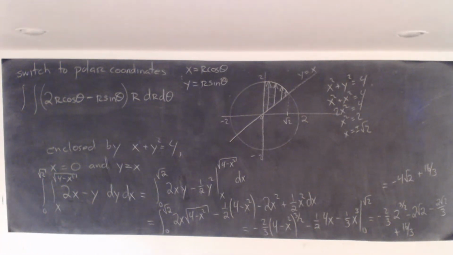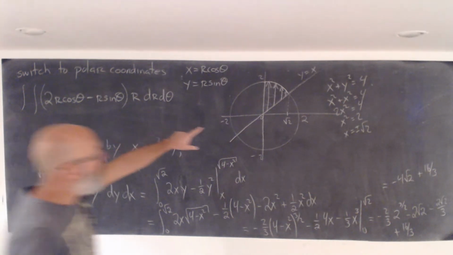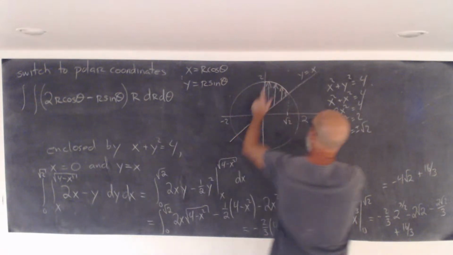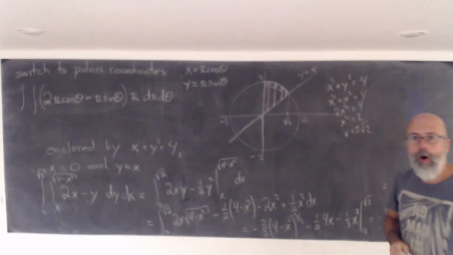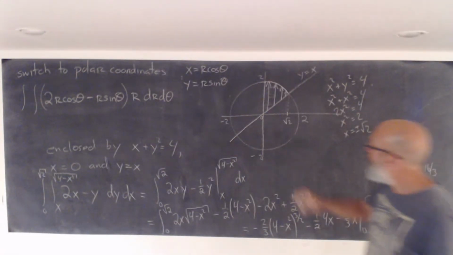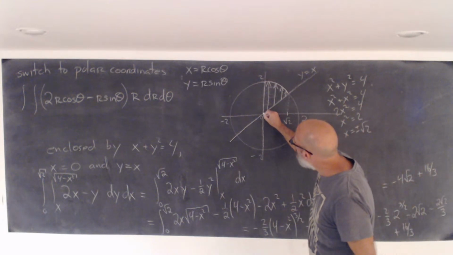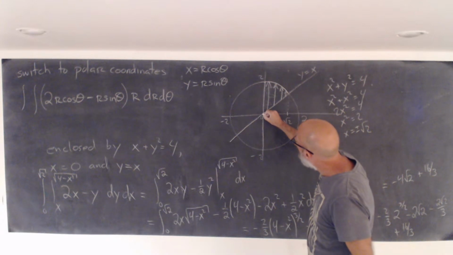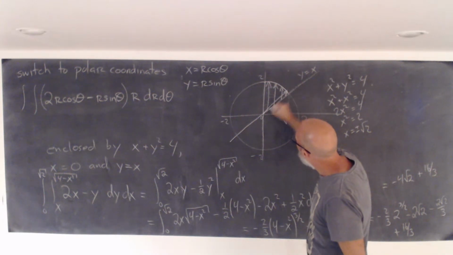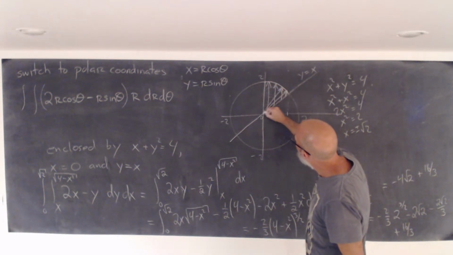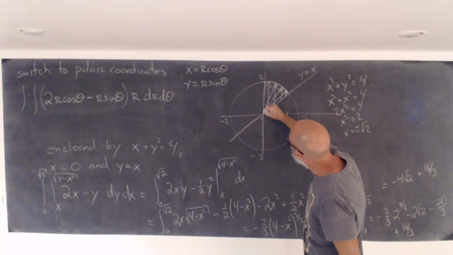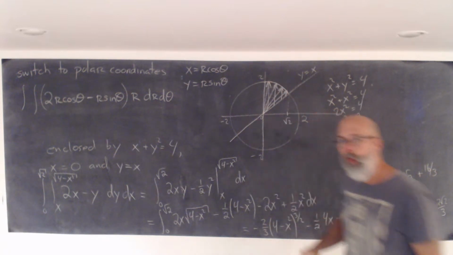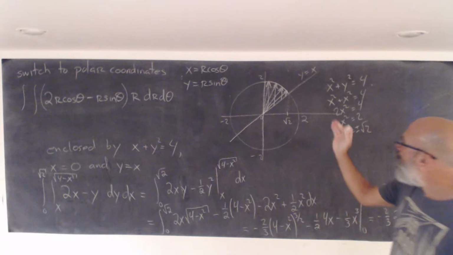Now the question is, how do we describe this region here in terms of r and theta? You know r is measured from the origin going out. So r goes from the origin to the circle.